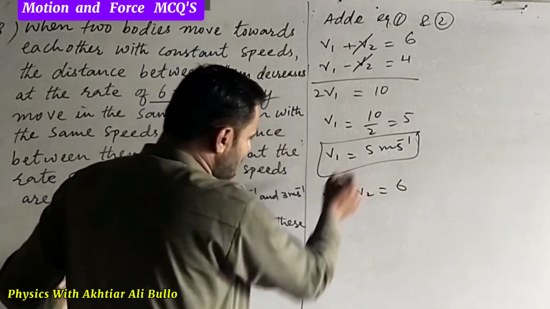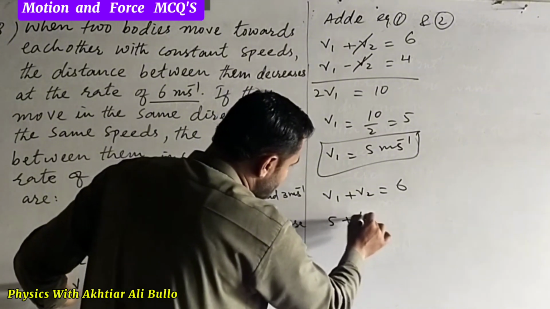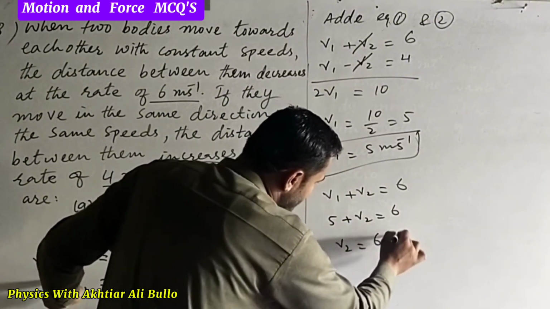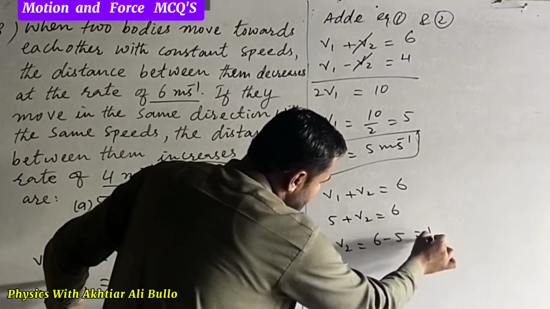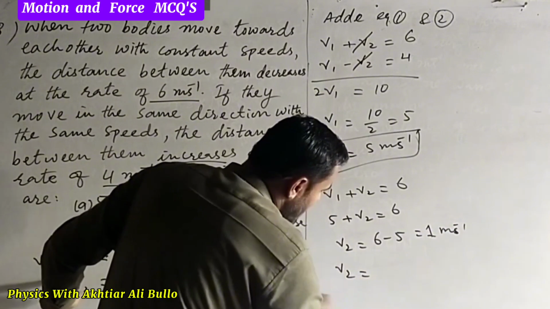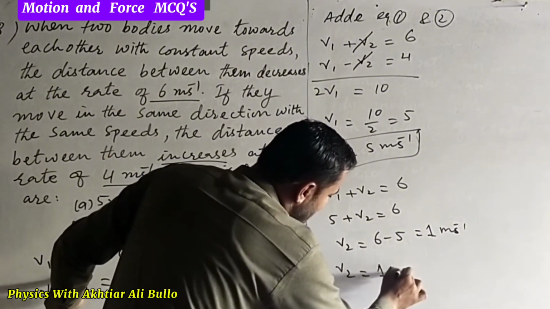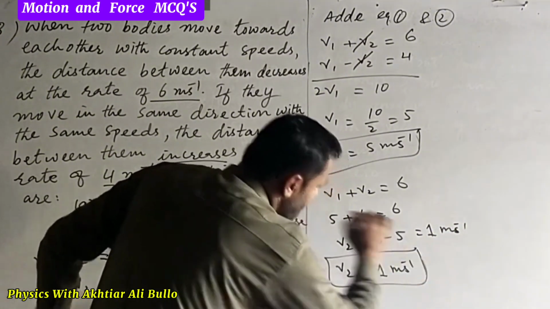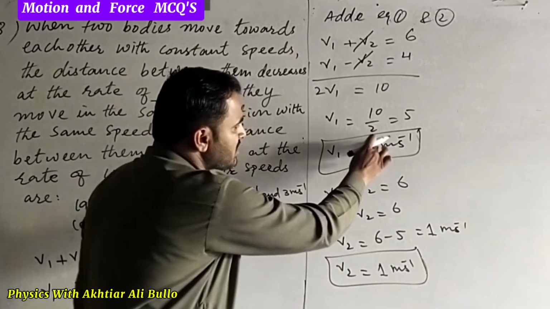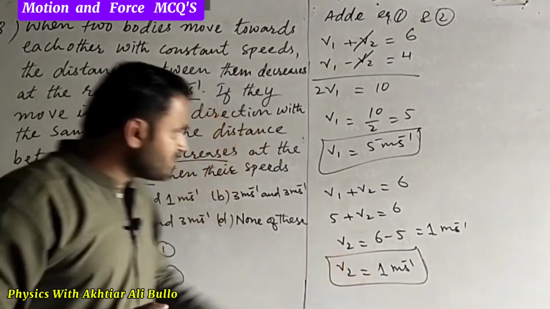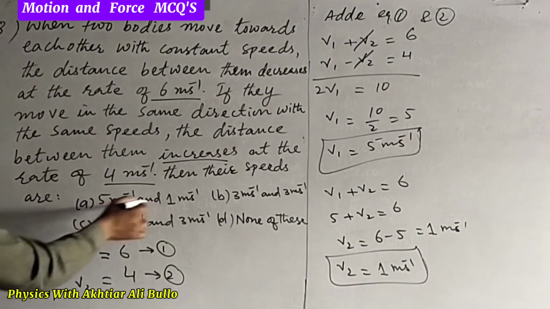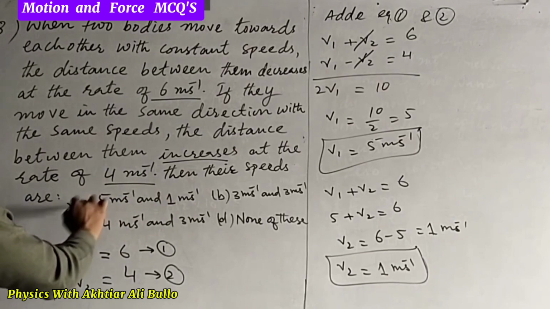So putting the value of v1 as 5, 5 plus v2 is equal to 6, so v2 is equal to 6 minus 5, which is equal to 1 meter per second. So v1 is 5 meter per second and v2 is 1 meter per second. So the correct option is A, 5 meter per second and 1 meter per second.